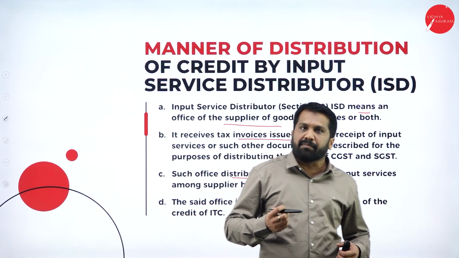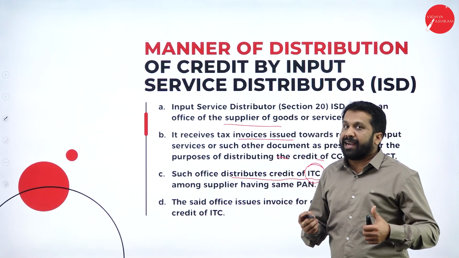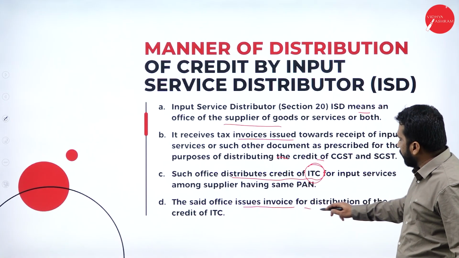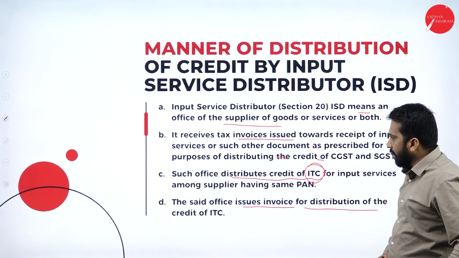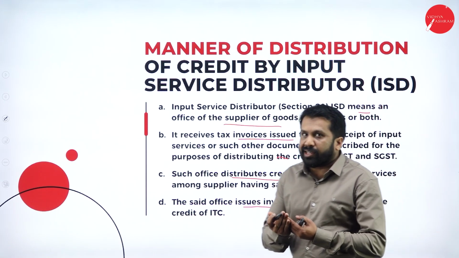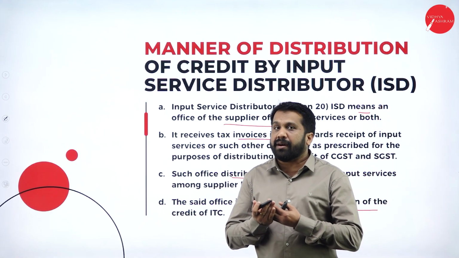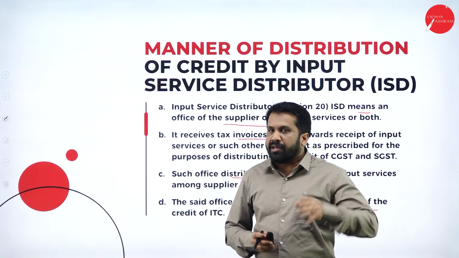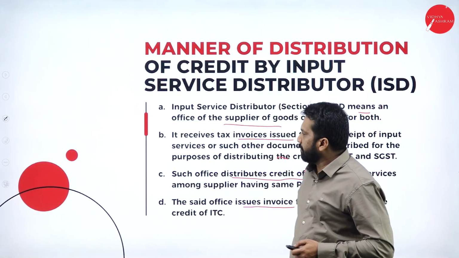Now, the said office issues an invoice for distribution of the credit. The invoice is a must. Without the invoice, you cannot claim ITC. Remember this. If you do not have the original bill, you cannot claim that ITC.